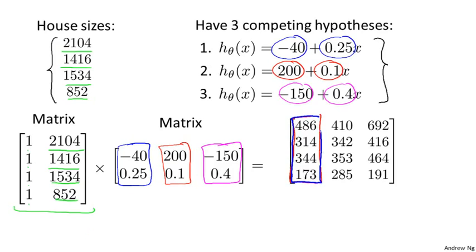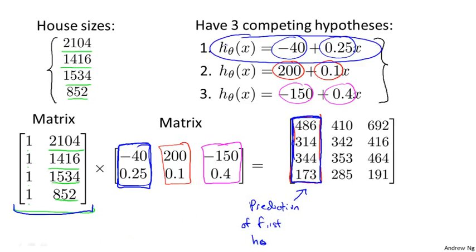Well, how do you get this first column, right? Our procedure for matrix-matrix multiplication is, the way you get this first column is you take this matrix and you multiply it by this first column. And we saw in the previous video that this is exactly the predicted housing prices of the first hypothesis, right, of this first hypothesis here.